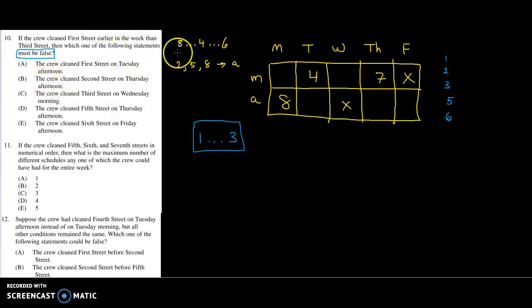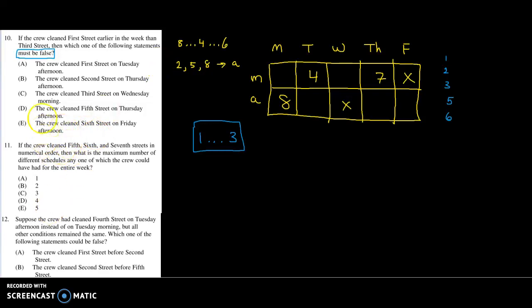Some sort of organization of the remaining pieces, 1, 2, 3, 5, and 6, placed in such a way that violates one of our criteria. There's really no shortcut way of getting around this. We have to check every single statement and see if it breaks the rules. So this is going to be a time crunch. We'll work through it together in this video, but pragmatically, I would advise, save this for the end if you are on the test.